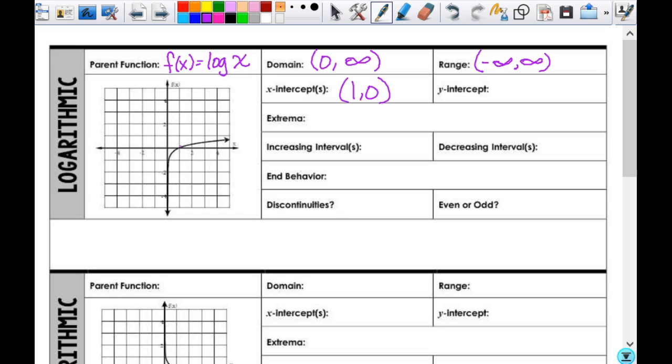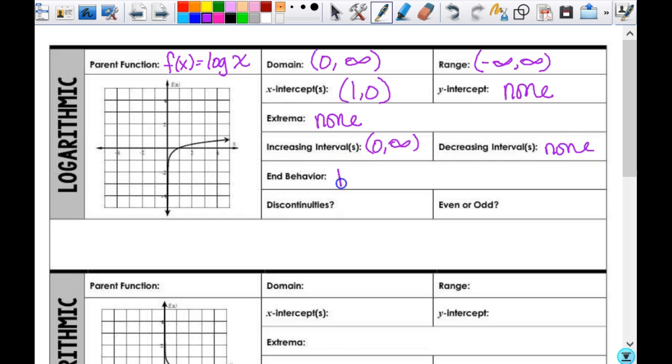Do we have any y-intercepts? Nope. None. Because we don't include that 0, right? Do I have any extrema? Nope, no critical points at all, so none. Is it increasing anywhere? Yes, from 0 to infinity, right? Is it decreasing anywhere? Nope, so it's none.